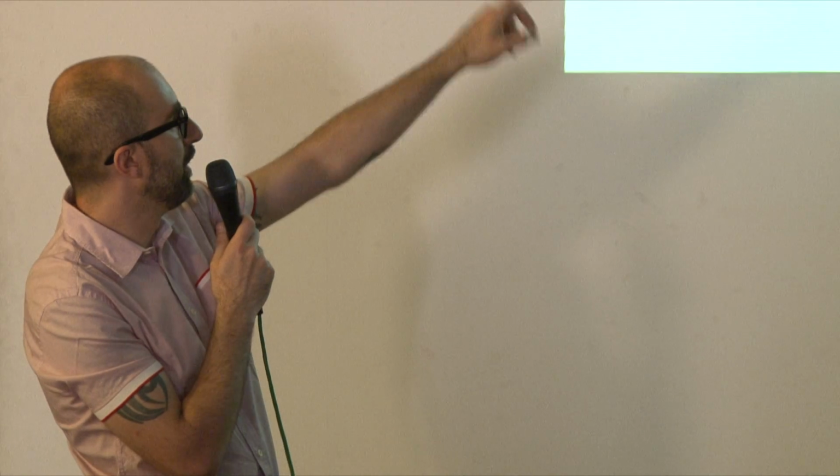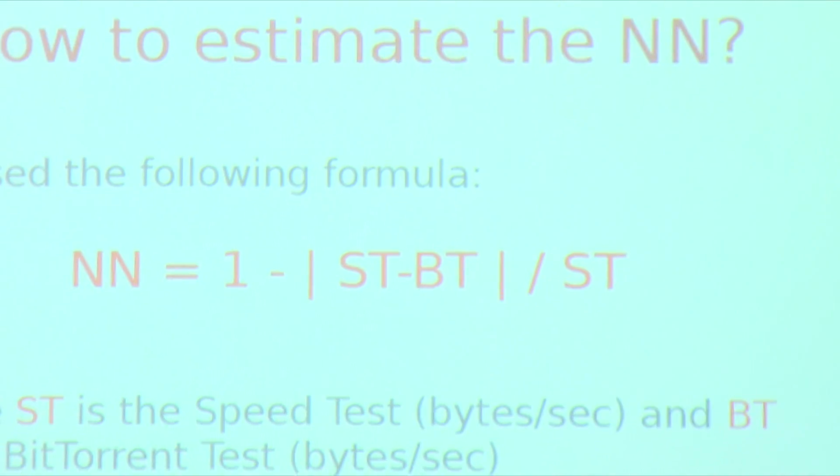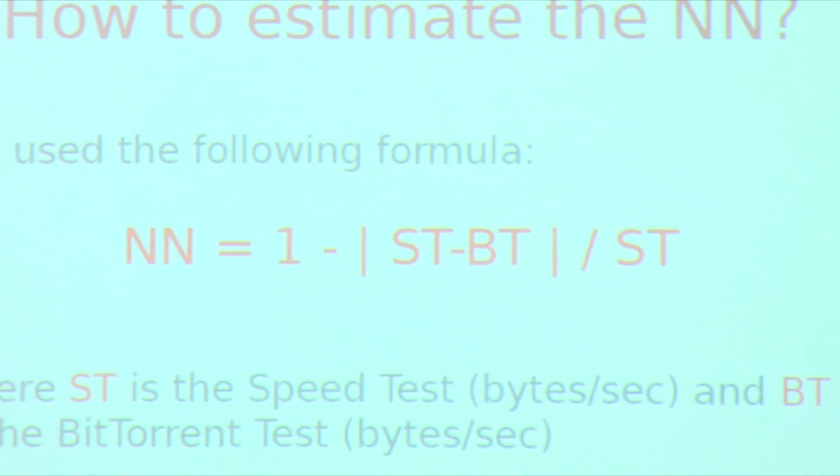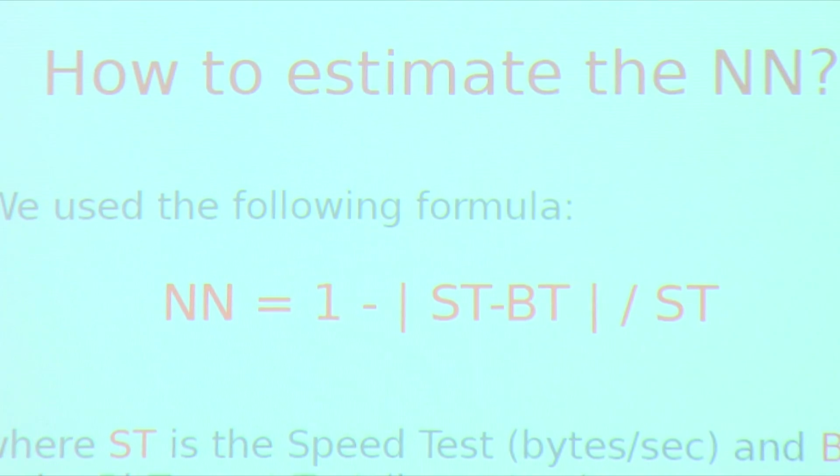In order to estimate network neutrality, we used this simple formula. We estimate the differences between the speed test and the BitTorrent test. Because the idea was to have an index, we normalize these differences in order to have numbers between 0 and 1.